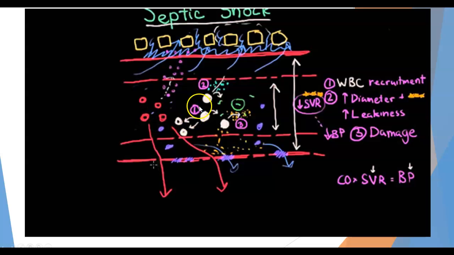So now we have these enzymes floating around trying to destroy bacteria, and we have white blood cells here, but we still have red blood cells. Red blood cells are still carrying oxygen like they're trying to do, hopefully, and they're trying to push it into the places that they need to go, which are our cells and our tissue to perfuse it, to keep our body running like it's supposed to.